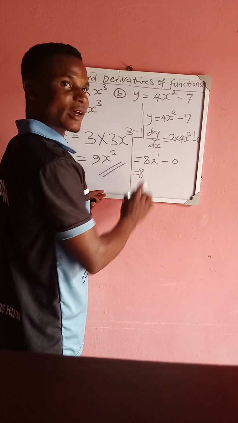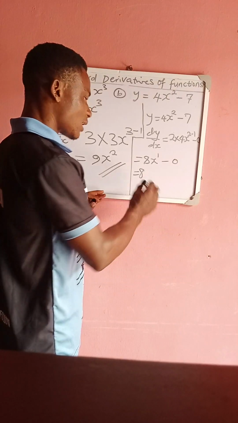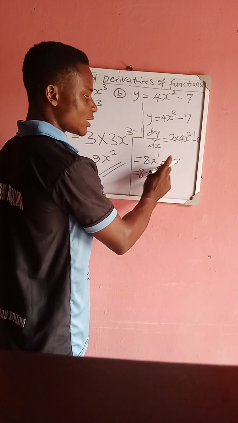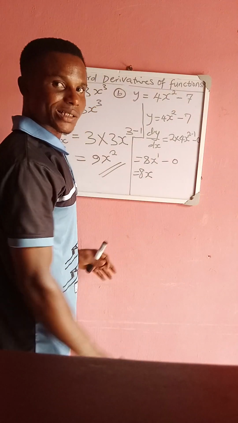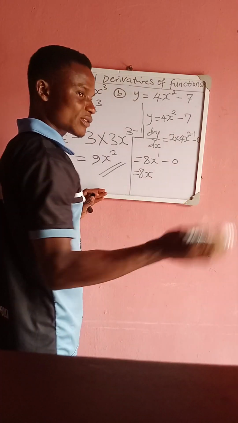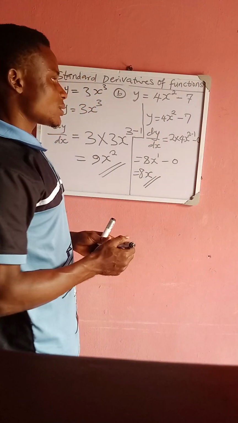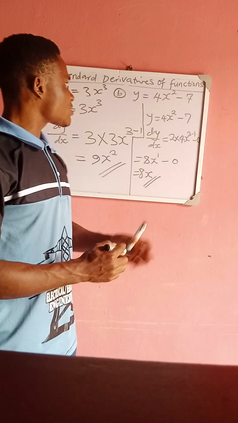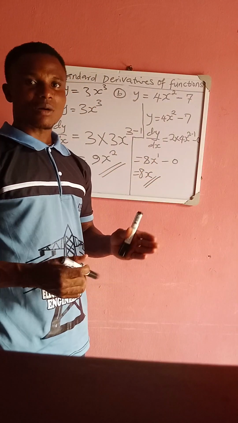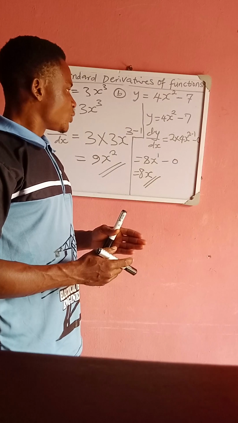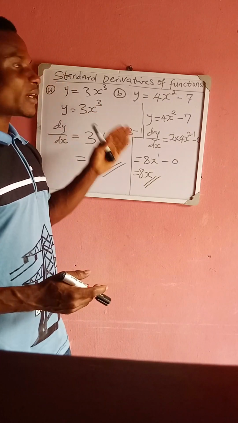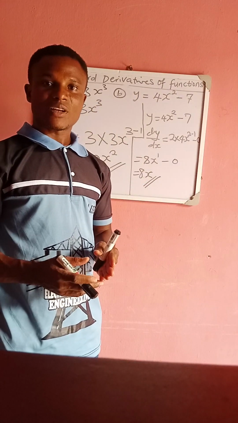Anything raised to the power of 1 is always that number. I have 8x, and minus 0 is nothing, we scrap it out. Our answer becomes 8x.